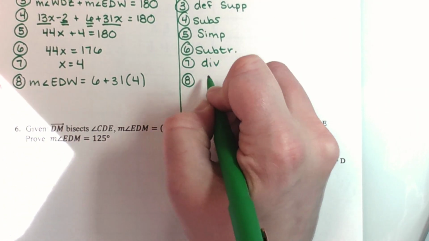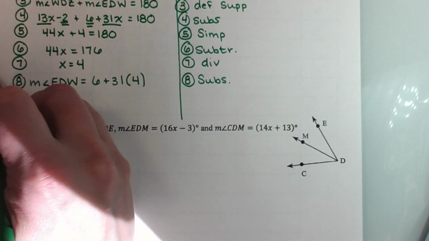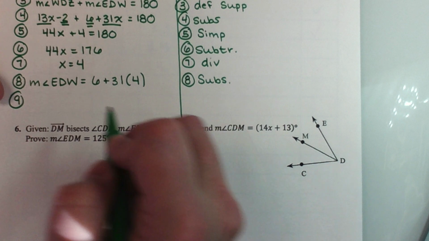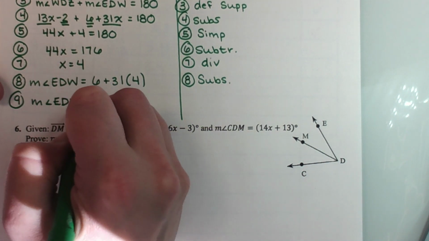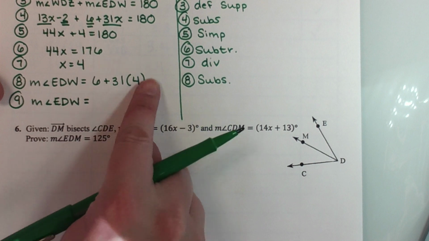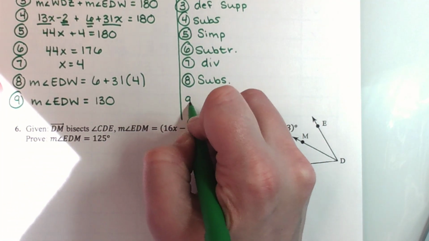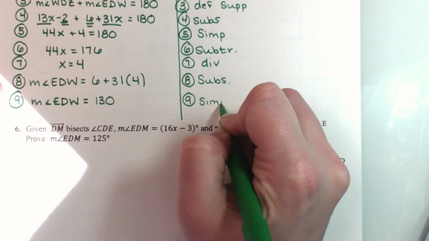Plugging it back in is called what again? Substitution. 31 times 4 is 124. 6 plus 124 is 130. And that's simplified.